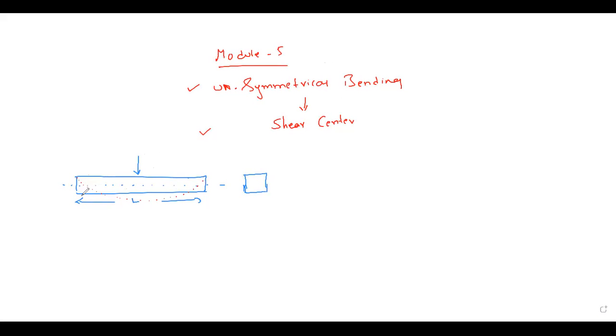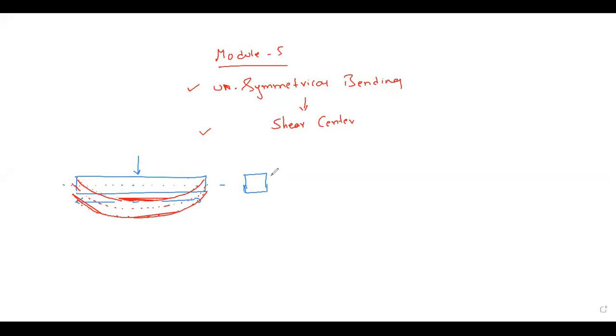So in which direction will the beam bend? Will the beam bend in the X direction or the Y direction? When the beam is subjected to loading and bends like this, in which axis is the beam bending?